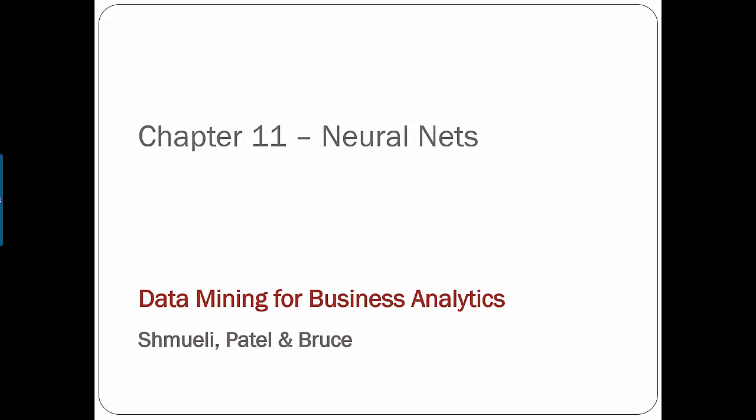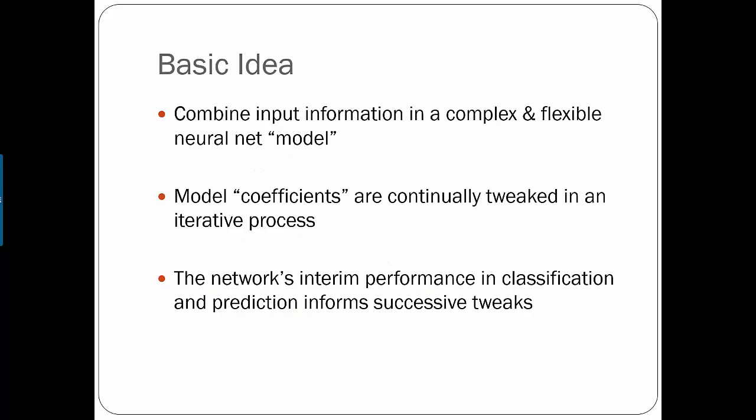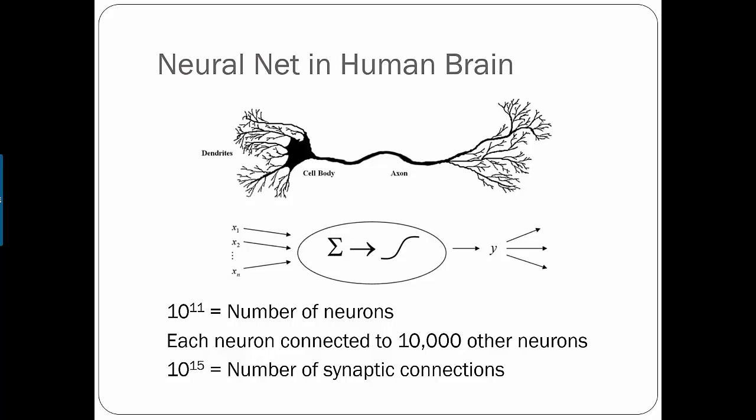The next chapter is called neural networks, or simply neural nets. The basic idea is to replicate how the human brain works.